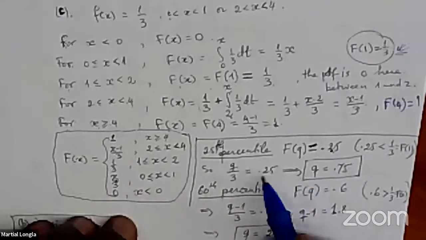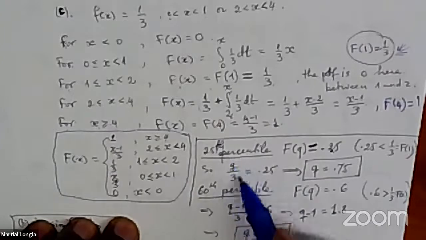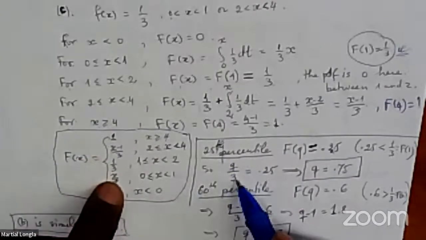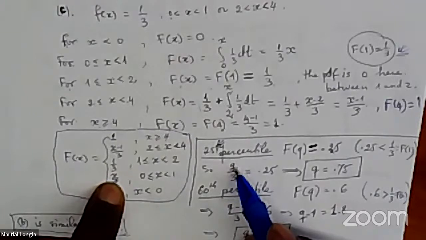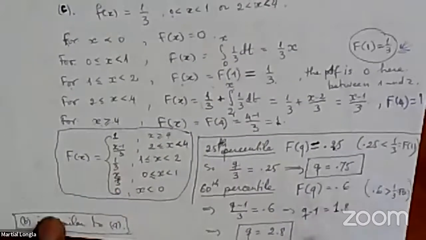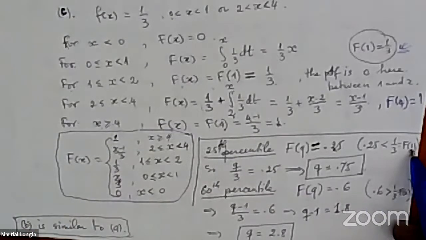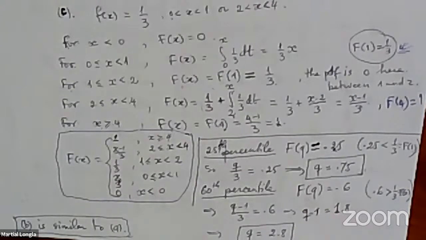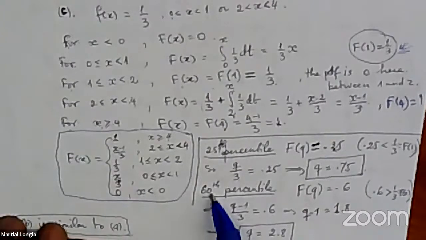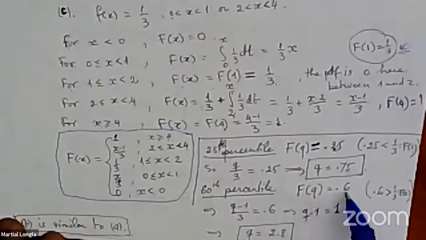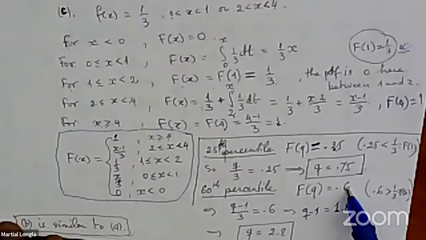Therefore, I'm using the formula of f of x when x is less than 1. And so you get that it's 0.75, and 0.75 is definitely less than 1, so you are in agreement with the word. And then for the 60th percentile, you're looking for 0.6.